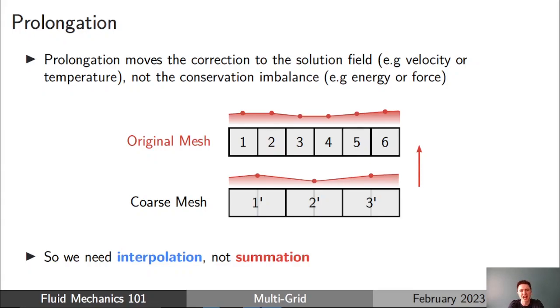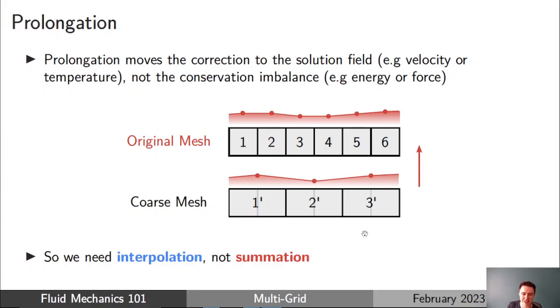So delta x may represent, for example, a correction to the velocity field or a correction to the temperature field, say. We'll have units of meters per second or Kelvin. So we're moving the solution field itself. Whereas when we were looking at restriction with the residual, we were looking at conservation imbalances. We were moving energy or newtons. We were moving the conservation of a quantity down, whereas now we're moving the solution field back.